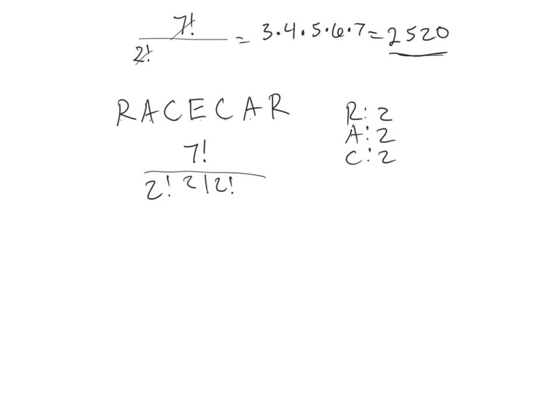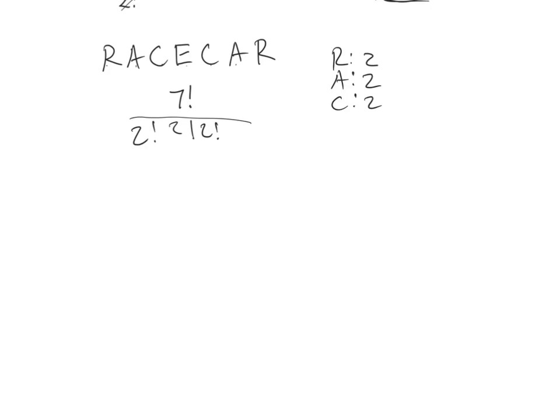So let's write this out. This 2 factorial right here will get rid of a 2 in the numerator. So that gives me 3 times 4 times 5 times 6 times 7. But we still have the 2 factorials here.